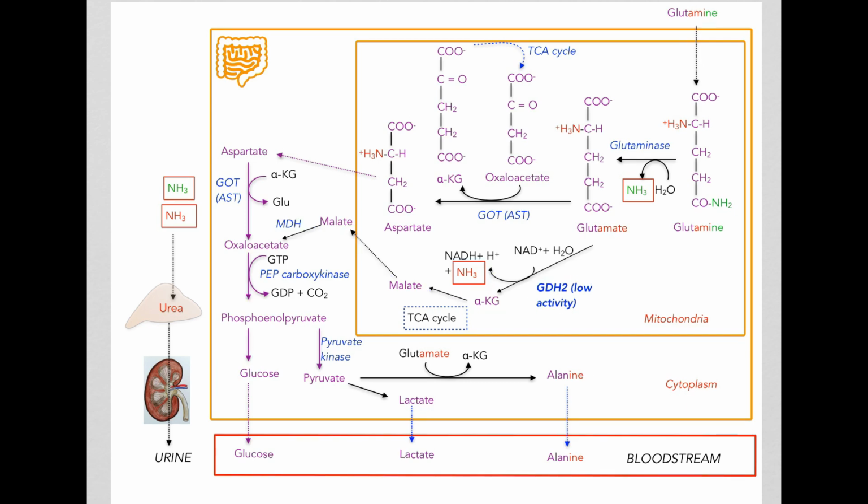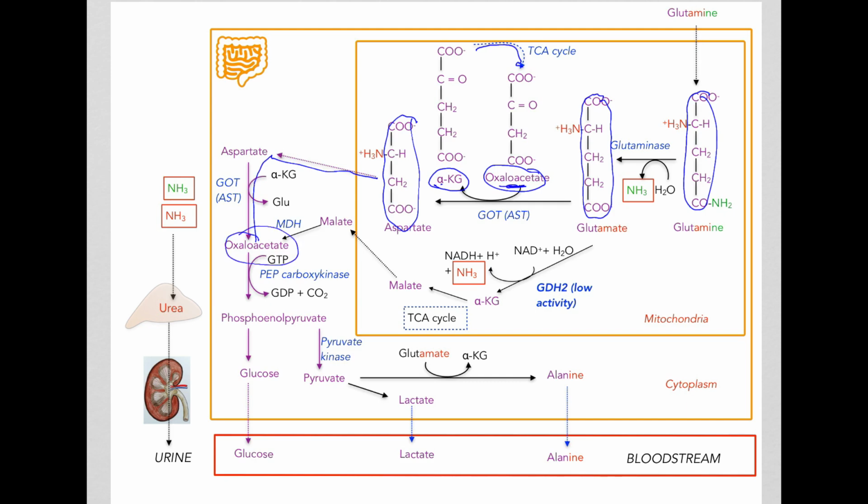So you can see that the carbon skeleton of glutamine will appear as glutamate after this reaction, and after the transamination reaction we'll have alpha-ketoglutarate, which by the TCA cycle can be converted to oxaloacetate, and then these oxaloacetate carbons now appear in aspartate, and that aspartate's carbons will regenerate oxaloacetate, which will then come out as glucose.